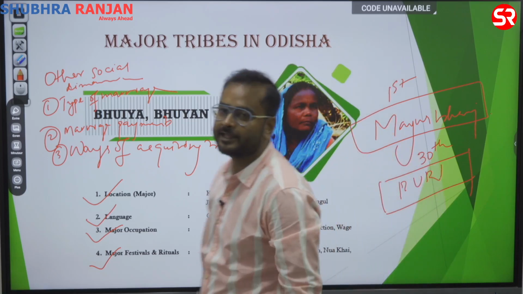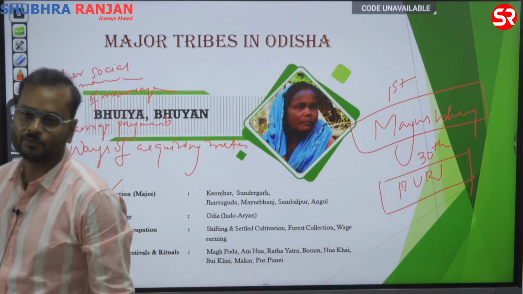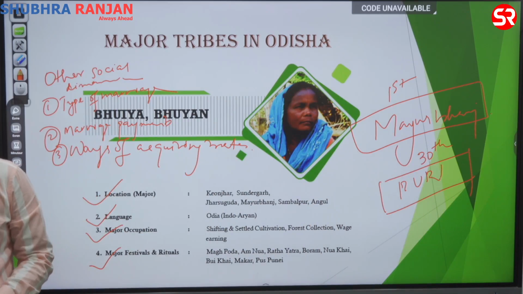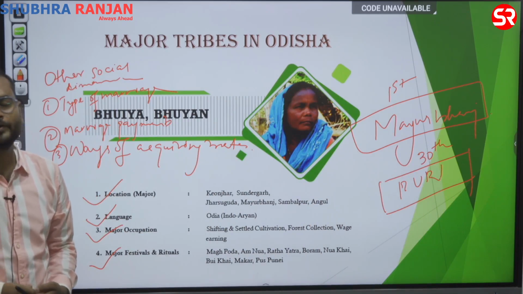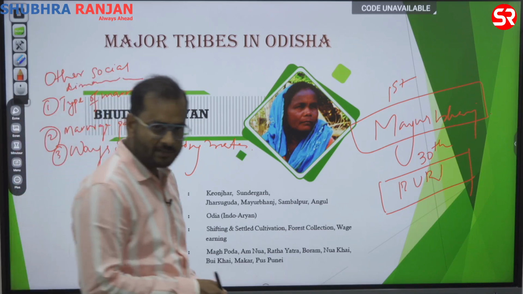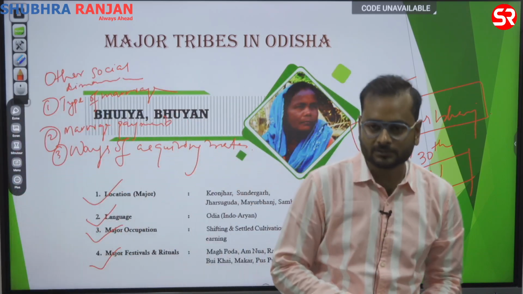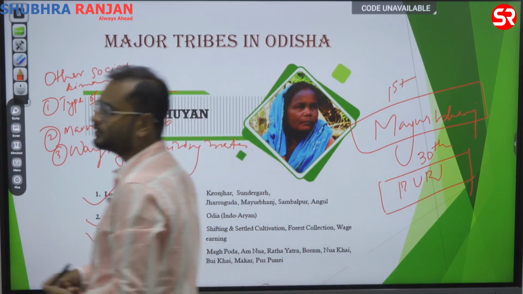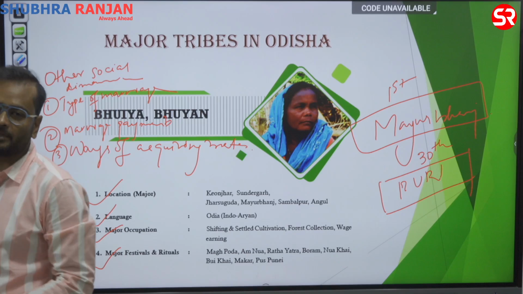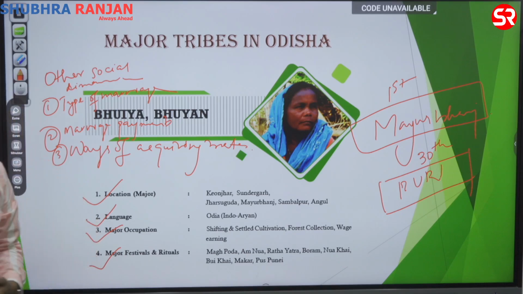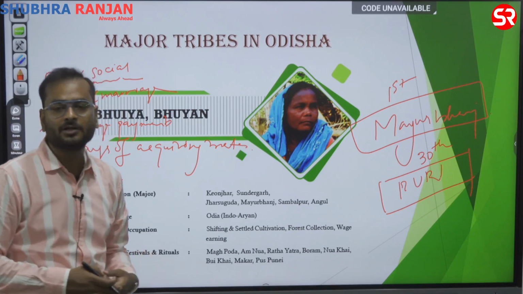Certain tribes have a custom of providing service. The groom provides service to the prospective bride. Thereafter, when the prospective groom's service is well accepted by the bride's family, then the marriage is possible. So this is one more method of acquiring a mate.